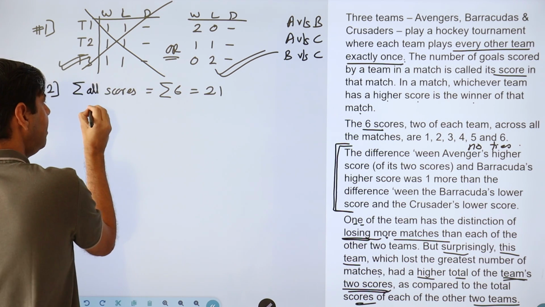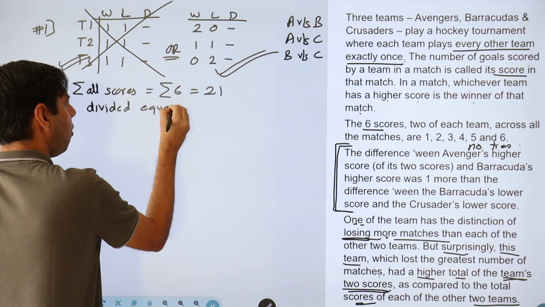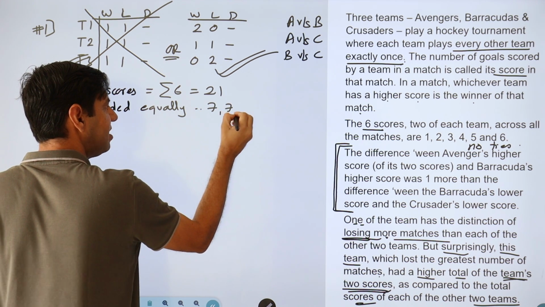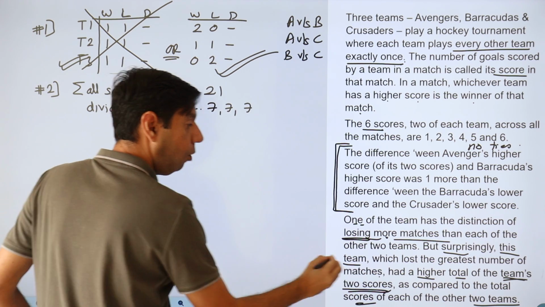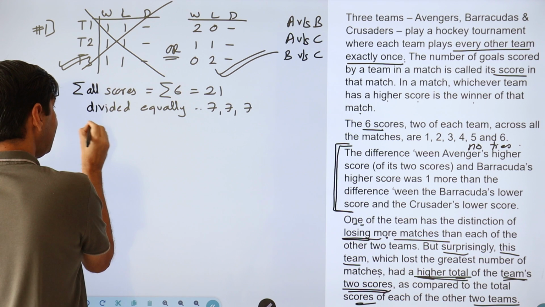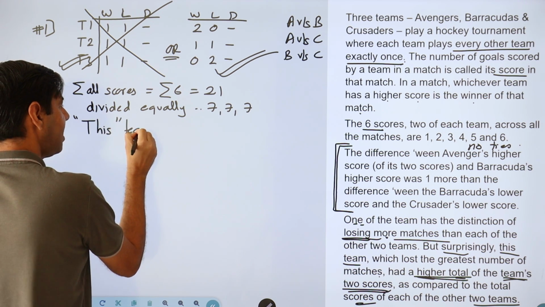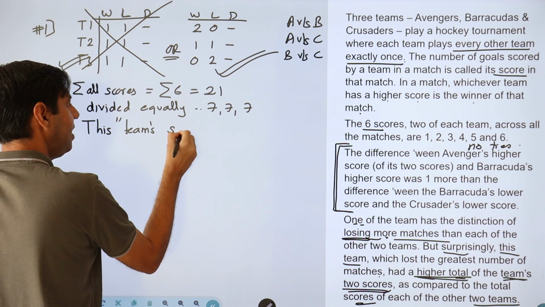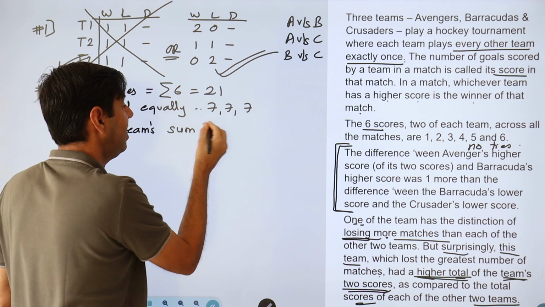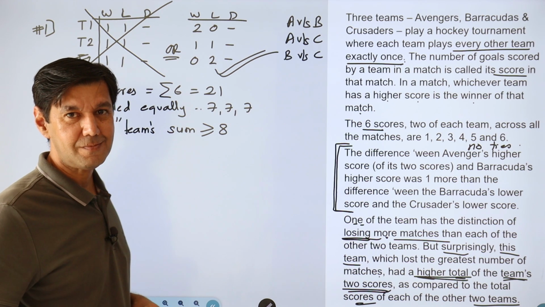So if I divide this equally amongst all teams, then each one will have 7, 7 and 7. But we want one team to have a higher total, so that this team, whichever team we are talking about, has a sum higher than the others. So what we get from our reasoning is this team's sum has to be 8 or more than 8.